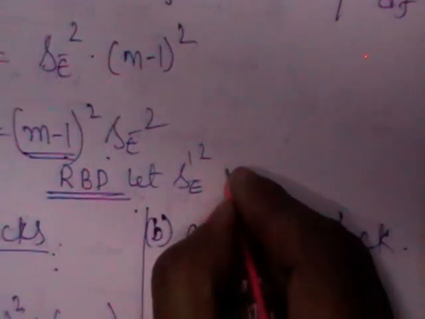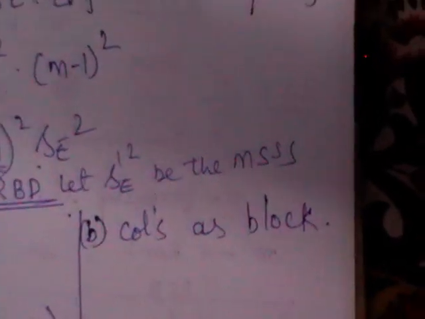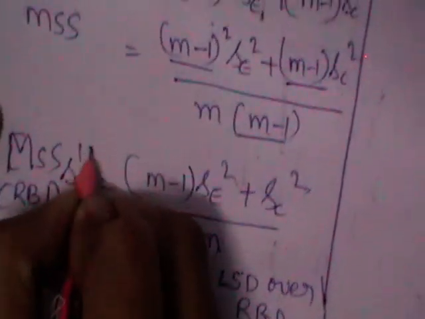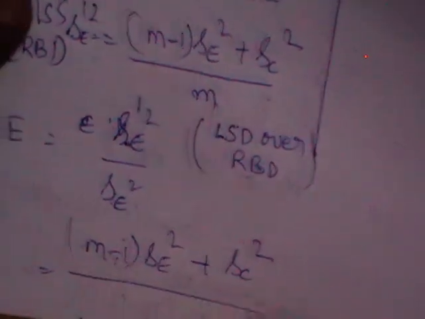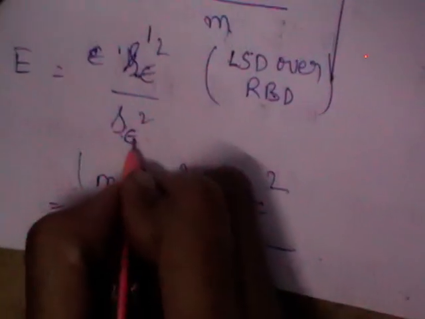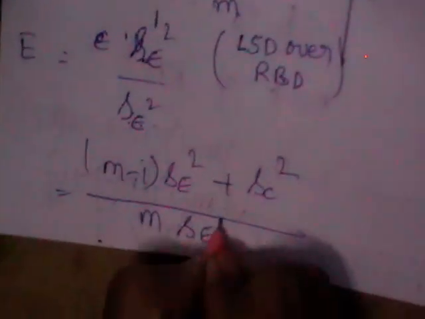Under RBD, let SE dash square be the mean sum of squares. This term represents SE dash square, which is nothing but m minus 1 into SE square plus SC square by m, divided by SE square.